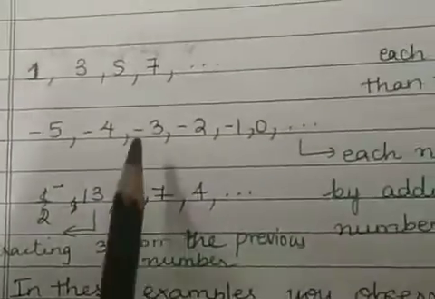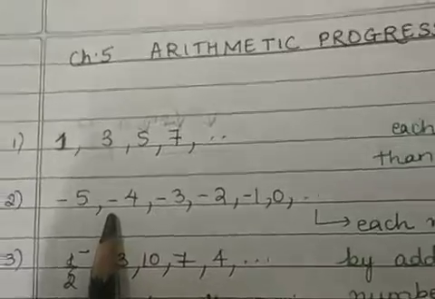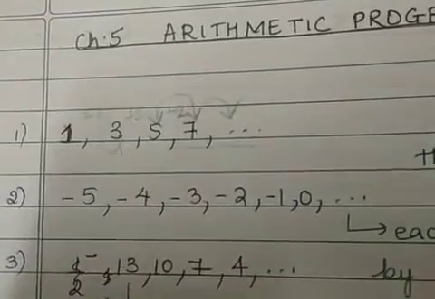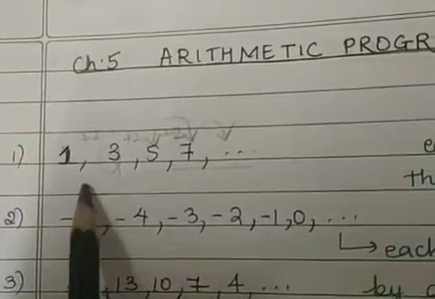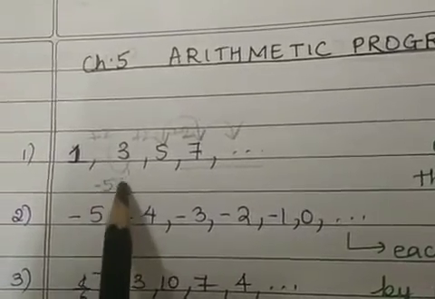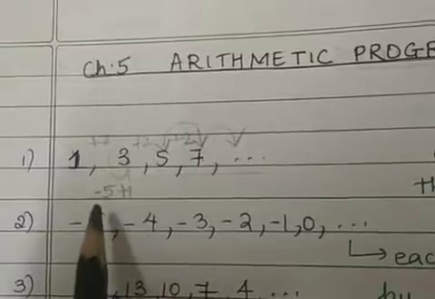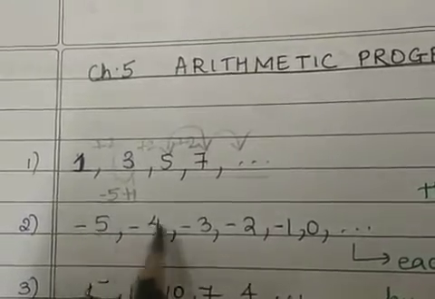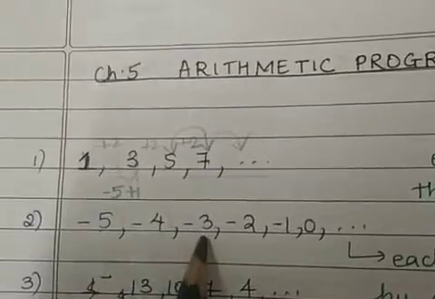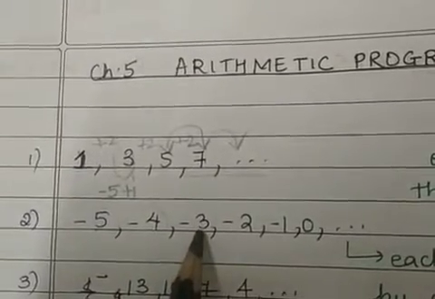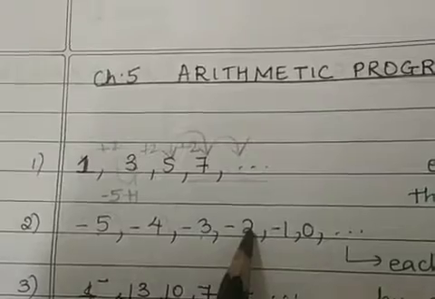Let us take another example. Look at this example here. If you look at the second term, if you add 1 to the first number, you'll get -4. -4 plus 1 will give you -3. -3 plus 1 will give you -2.